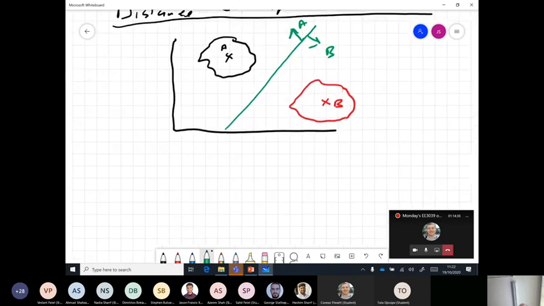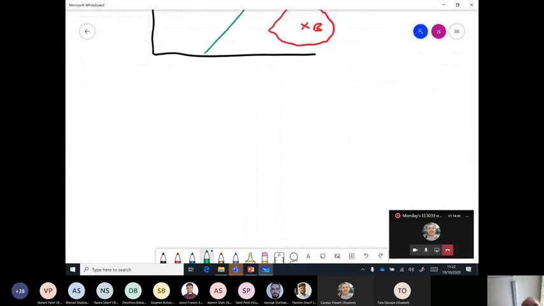Now that decision surface can be calculated more accurately, again taking a two-dimensional model. This is dimension 1 and dimension 2.